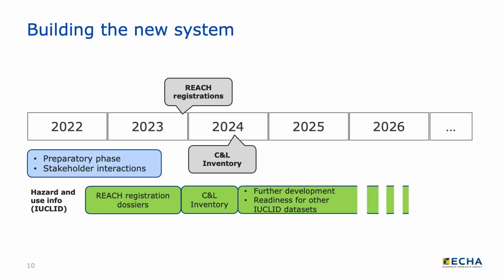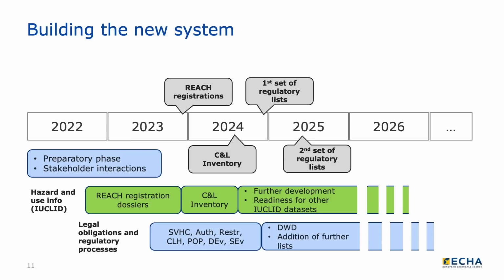These first releases will contain essential basic features. As indicated by the open dashed timeline, the development will then continue and more advanced features will be added in subsequent releases, and we will also have readiness to include other data in Euclid format.